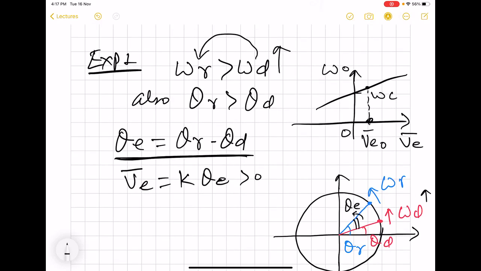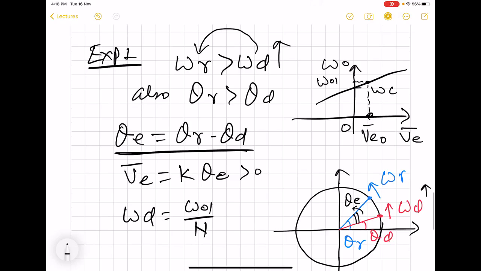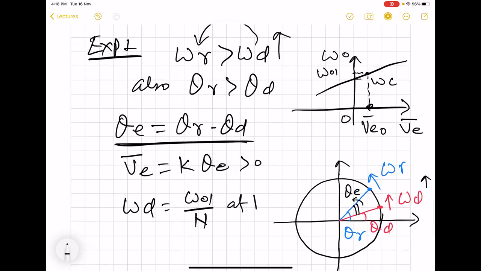So there will be a certain omega naught 1, and corresponding to this we will have omega d. So omega d is given by this equation at t equal to 0 when the circuit is switched on, or when we start analyzing this.